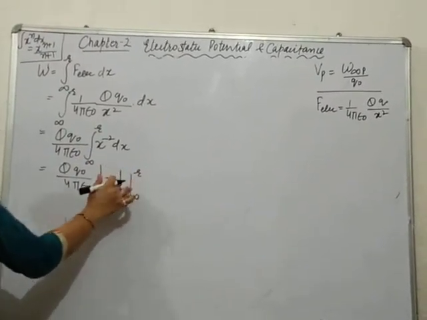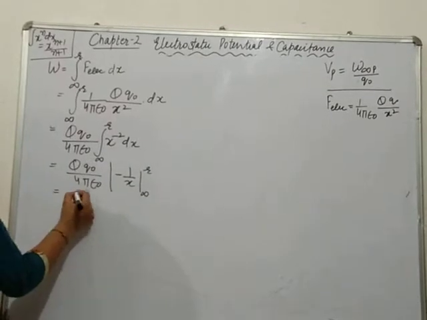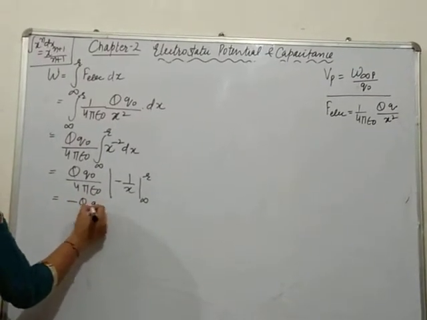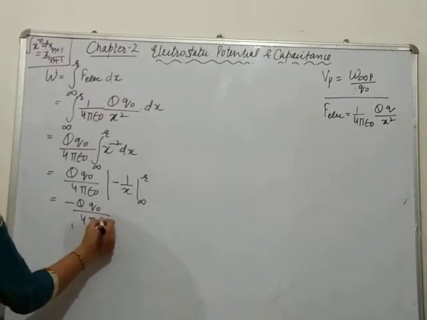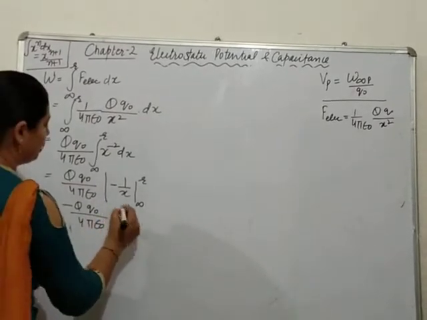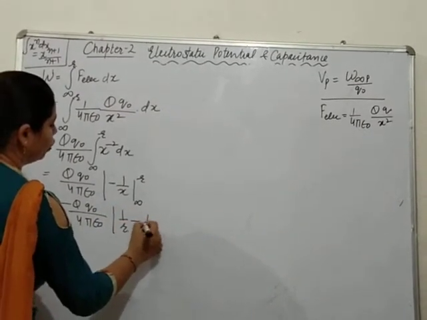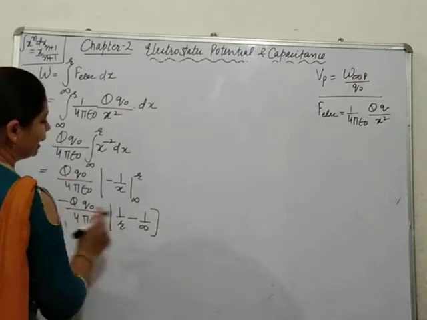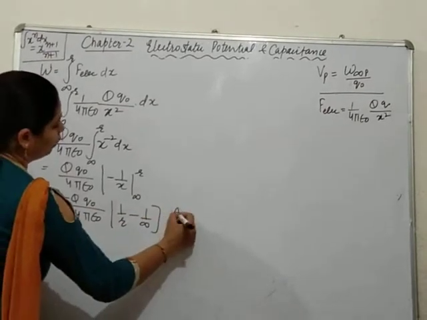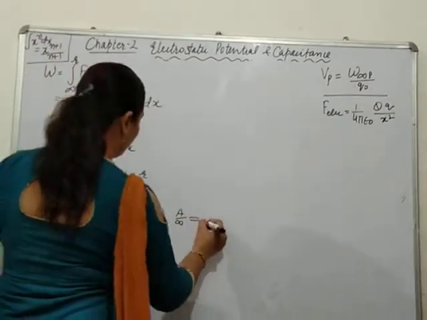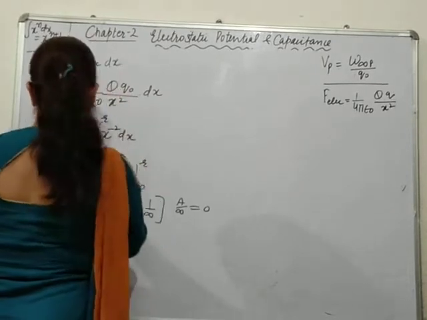So putting upper limit minus lower limit: minus Q naught upon 4 pi epsilon naught, upper limit, that is 1 by r, lower limit minus 1 by infinity, that is, something upon infinity will be equal to 0 always.